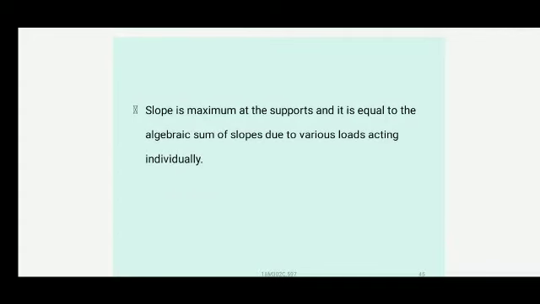Slope is maximum at the supports and is equal to the algebraic sum of slopes due to the various loads acting individually.